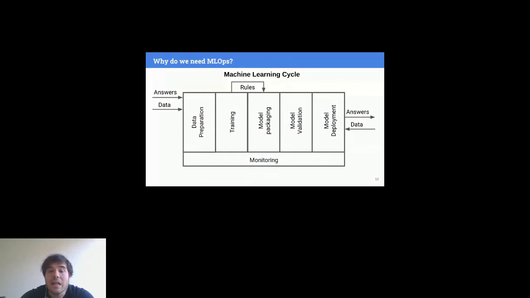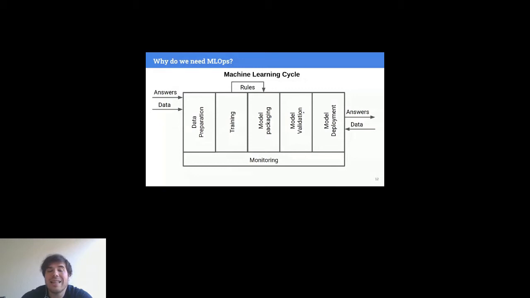But the important thing is that we can try to simplify a bit more and transform the operations into these big groups: data preparation, training, model packaging, model validation, model deployment, and finally monitoring. And now we have the basic operations that we can find in a machine learning process. And this is what we have to focus on to understand why it's important to define all of this and not only the training process.